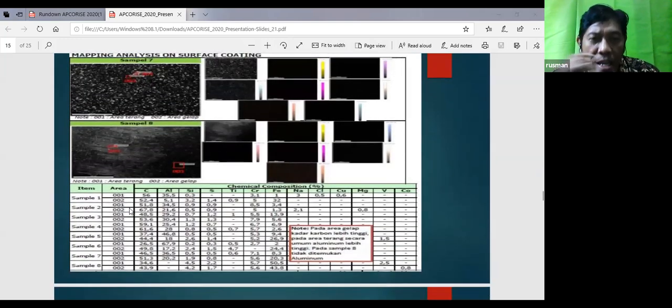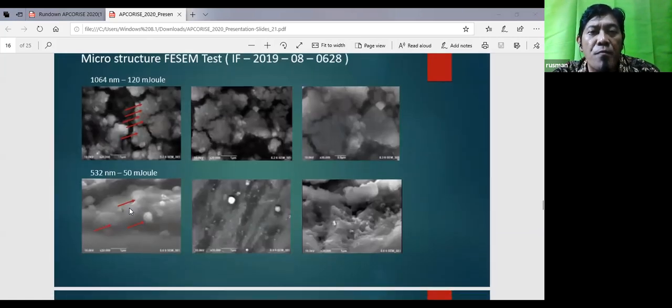And from the chemical analysis, it's found that from sample number 1 until sample number 7, there is aluminum and chromium as the target material, already deposited at the surface of the substrate. From the FESEM test, the microstructure showed that the 1064 nanometers wavelength groups have clear grain boundaries with some amorphous structure.